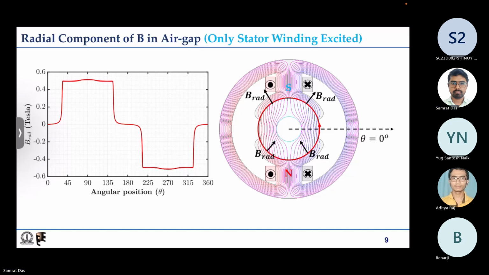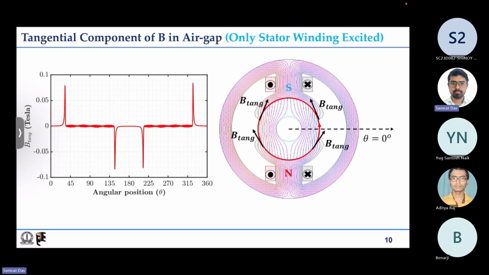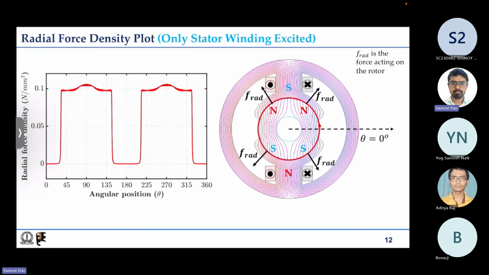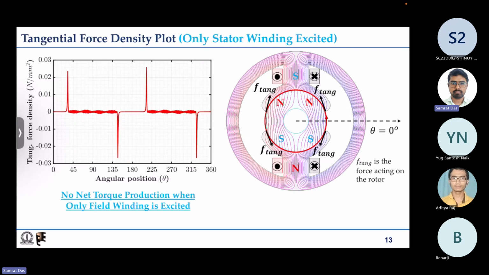But we also looked at the tangential flux density distribution, and using the Maxwell stress tensor, we understood how to get the radial force density and tangential force density, which told us that if only stator winding is excited, then there are two couples acting on the rotor, but they cancel each other, so there is no net torque production.